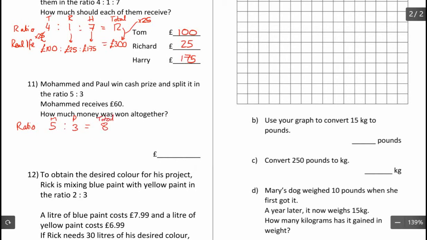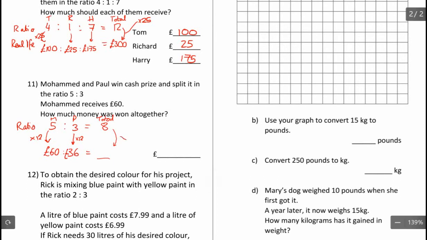Now we've not been told what the total is this time. Okay, in fact that's what we've got to figure out. We've got to figure out what this number is. But what we were told was that Mohammed got £60. So that's our linking bit of information which enables us to work out that we're timesing by 12 here. So Paul times that by 12 would get £36.